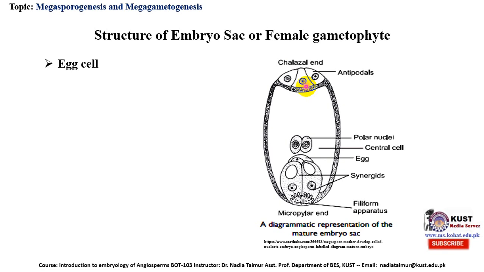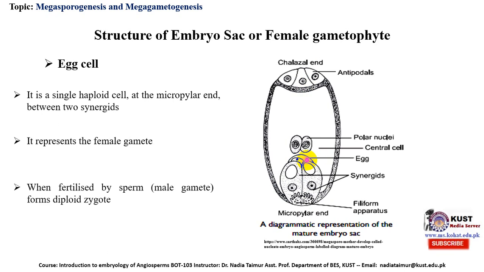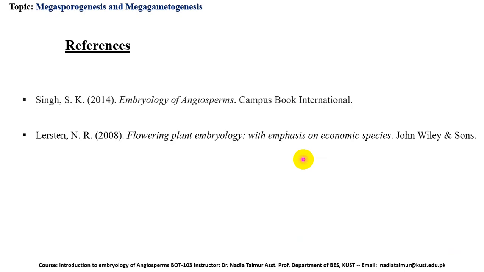And in the end, we discuss the egg cell. Egg cell is a single haploid cell at the micropylar end. So here at the micropylar end, this one, between the 2 synergids. This egg cell represents the female gamete, and when fertilized by the male gamete, it forms a diploid zygote.